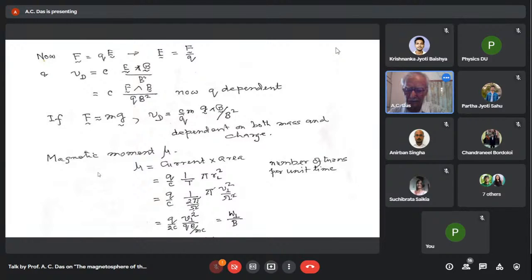Now we make some simplification and then make the integration.